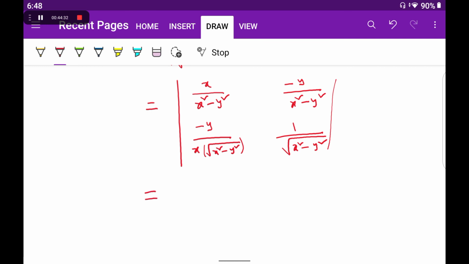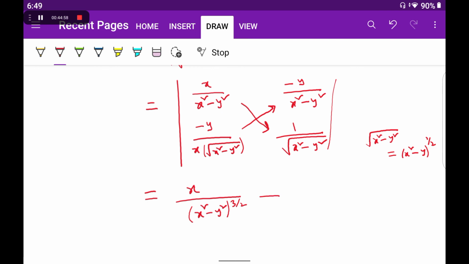If you take the determinant, what will you get? X by x square minus y square whole power 3 by 2, because root x square minus y square is nothing but x square minus y square whole power half.